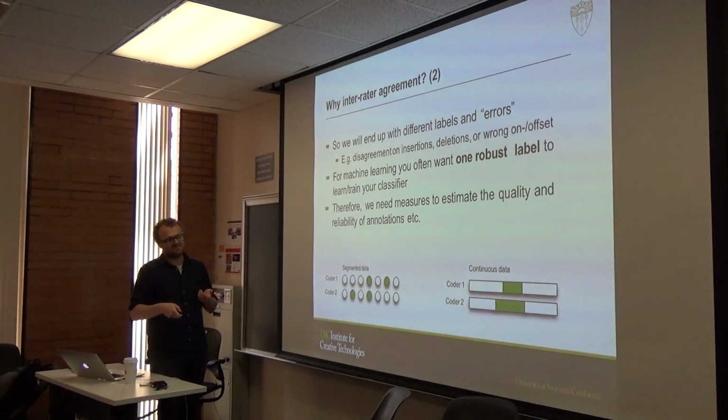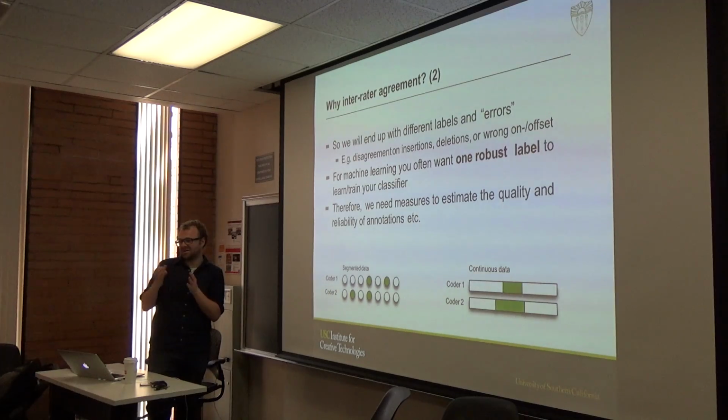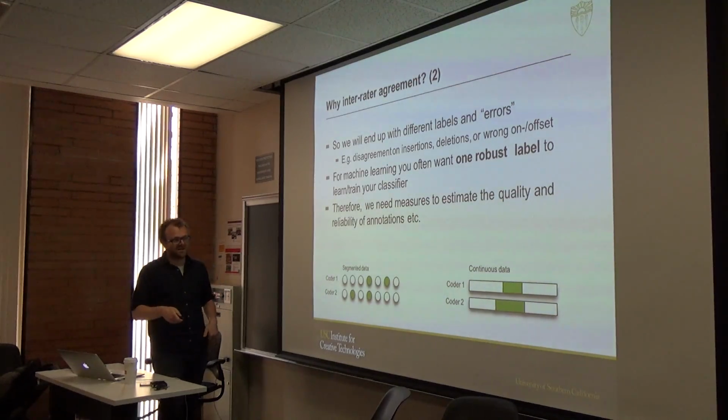However, maybe they think of the start and end points differently. So maybe one coder thinks the start point is earlier, maybe some guy says it's later, and so on. So you have delays and lags and so on.